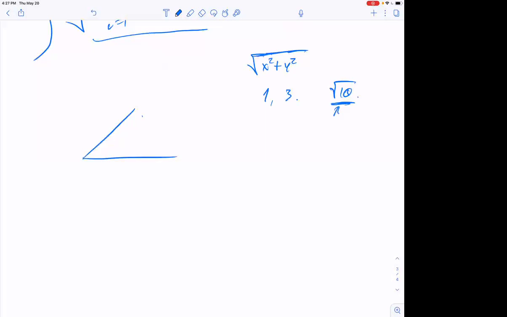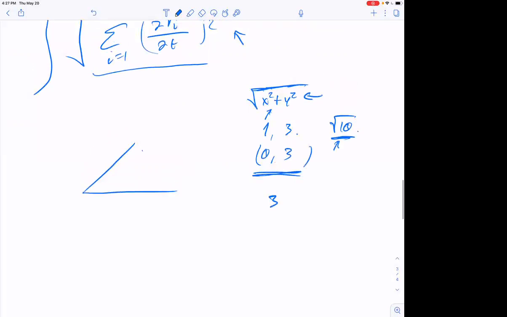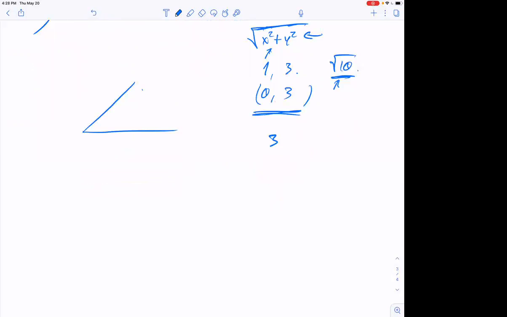Usually you want it to be closer, but say the point, I'm trying to get a 9 here, so how about 3 and 0 or something? Then if you plug in 0 and 3 for the values here, you easily get back a 3, right? But we want to get the value of the function at 1, 3, not 0, 3.